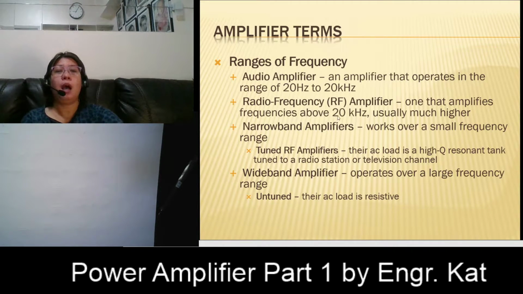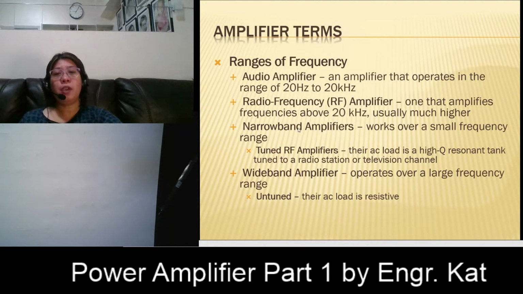Okay, so RF, on the other hand, amplifies frequencies way above, usually higher than 20 kilohertz. Okay, so as I've mentioned earlier, between the audio and the radio amplifier, we will be having an intermediate frequency. We will be dealing more with the intermediate frequency in our discussions regarding amplitude modulation and frequency modulation.